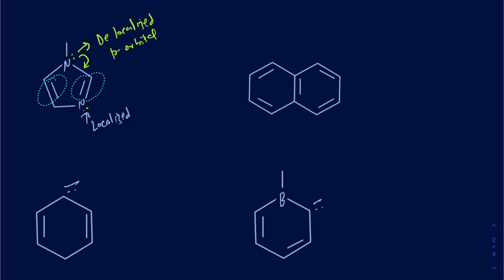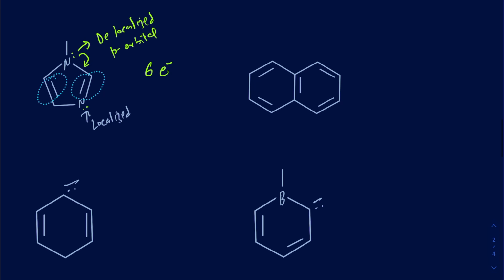So that makes it a total of 6 electrons again, because we got 4 coming from the pi bonds, and 2 electrons coming from the nitrogen lone pair. That's going to follow the 4n plus 2 rule. That makes it an aromatic.